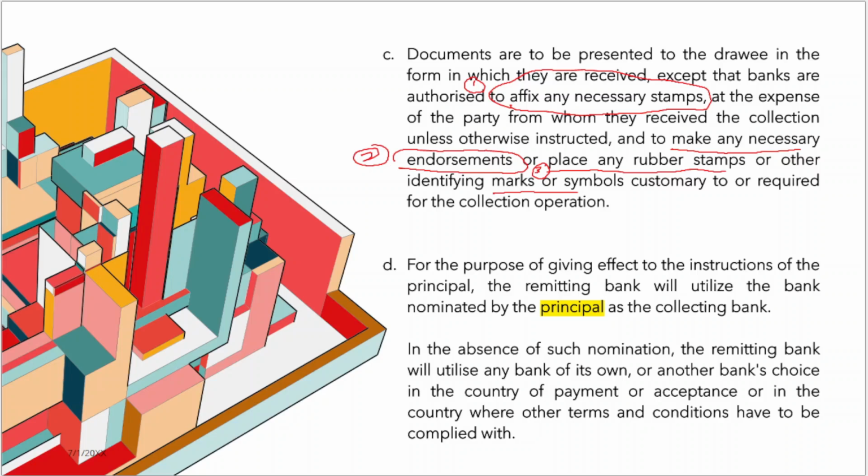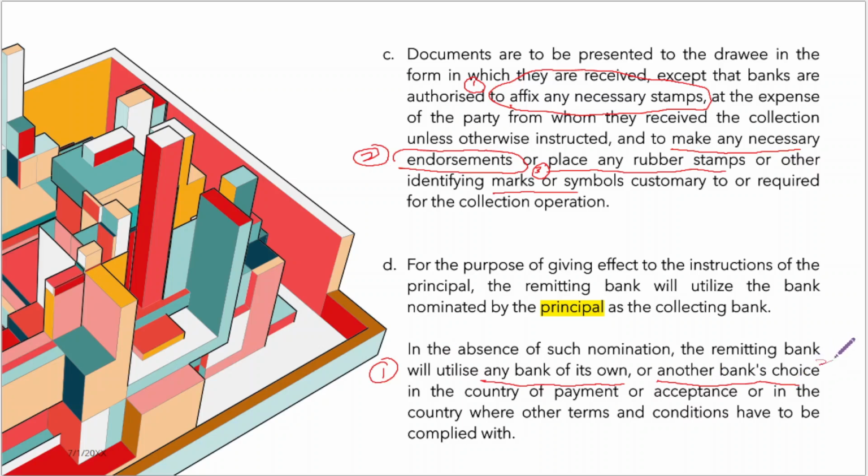Now let's say the principal has not nominated, the principal has not discharged this responsibility. In that case, what can the remitting bank do? They have two options. The very first option is they can use any bank of its own. That is the first remedy. Second is the remitting bank will utilize another bank's choice.